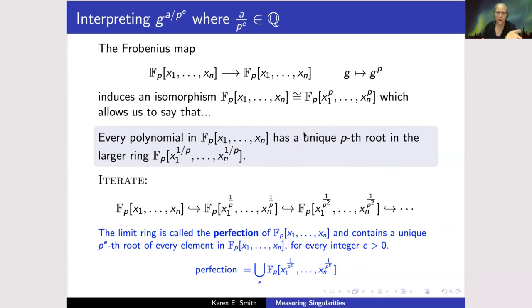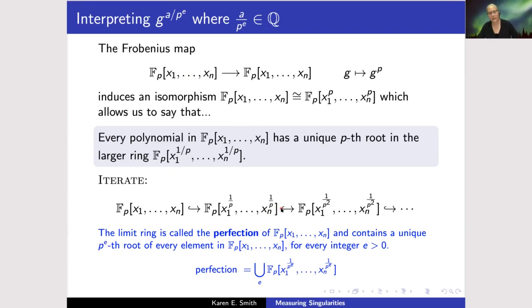And so, for example, to define the power G raised to the A over P to the E, I would just take the P to the Eth root of the polynomial G raised to the A. The point is, for polynomials in a polynomial ring of characteristic P, I can take P to the Eth roots for any E.